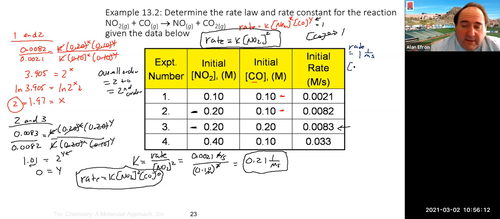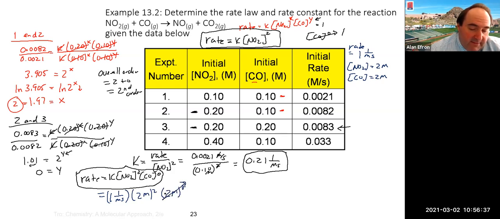And let's say we started with a concentration of NO2 as 2 molar, and again, our CO as 2 molar. So if we put it into this rate law using those numbers, 1 over molar seconds times our NO2, which is 2 molar squared, times our 2 molar to the 0. Again, this is going to be 0, which means we will end up with a rate of 4 molar seconds in that case.